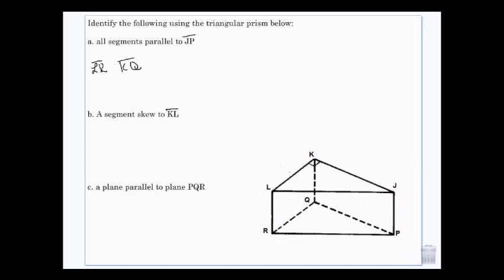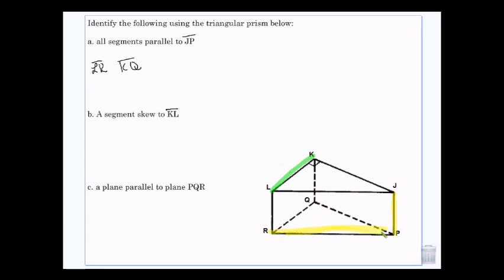And now we're going to look at KL. All right, so when we were looking for skew, we want lines that don't intersect but don't run in the same direction. JP is one of them. RP? Yeah. RQ won't. RQ is going to be parallel because see how they're on the same plane?